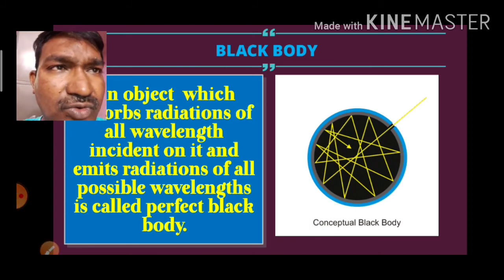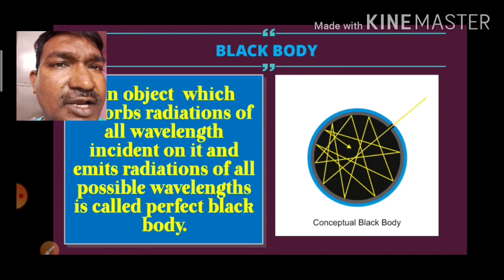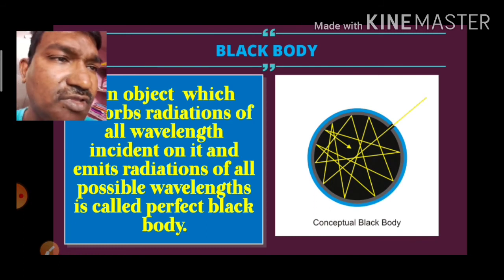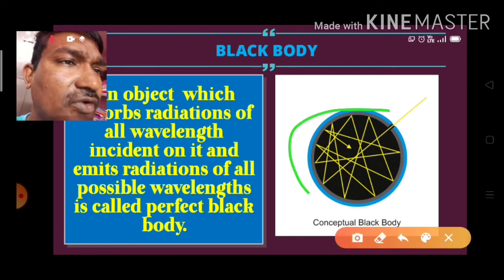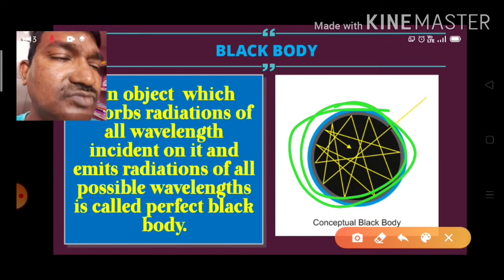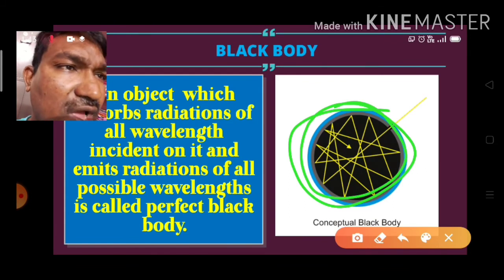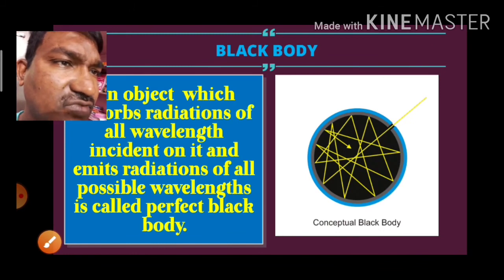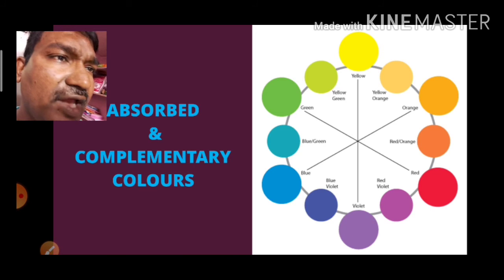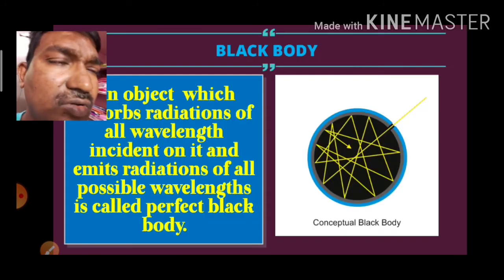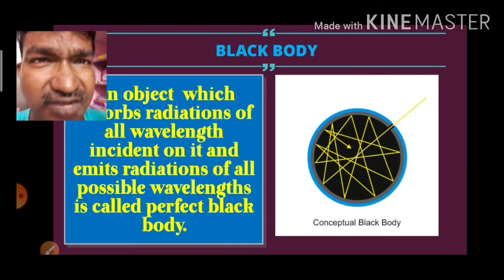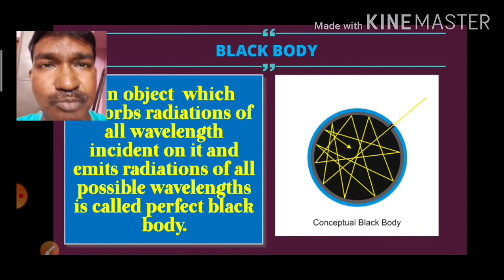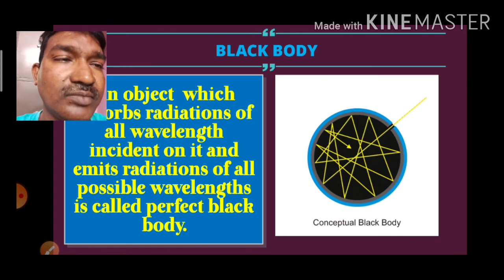To create an ideal black body, what they did was they took a hollow metallic sphere. Look in the picture, we can see that. A hollow metallic sphere is taken, and a small aperture, a small hole, is made on the surface of this metallic sphere, and the inner surface of this hollow metallic sphere is coated with platinum black powder.